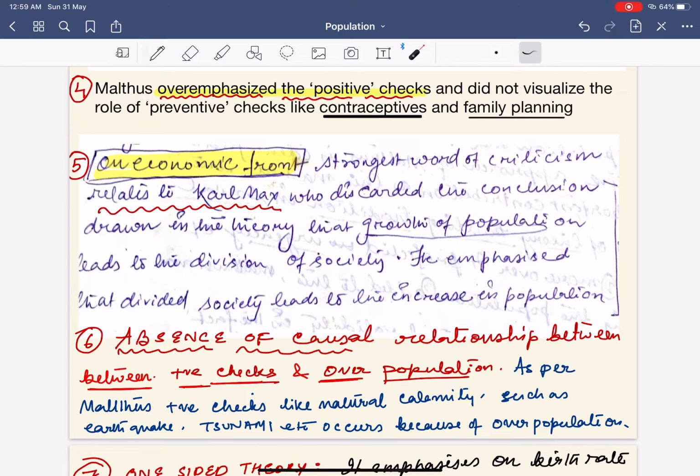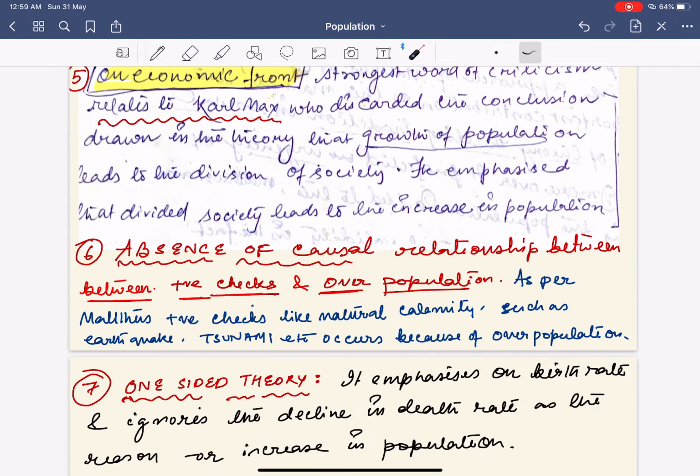Hence, the poor multiply their population so as to gain more resources. When we read about the Marx theory, we will come to know about it in more detail. Next, there is an absence of a causal relationship between the positive checks and overpopulation.